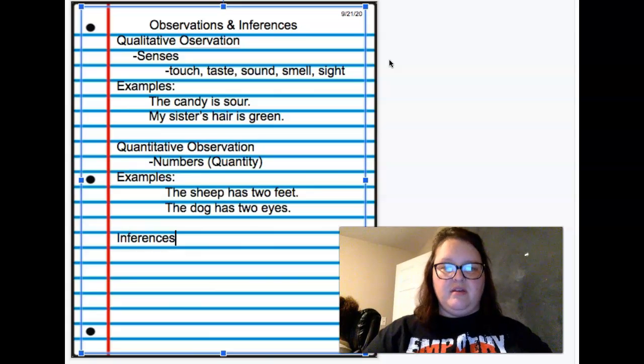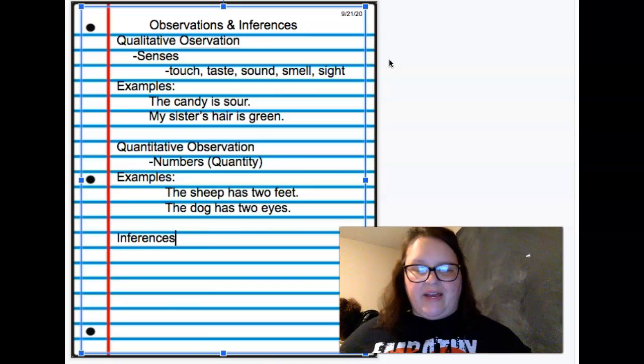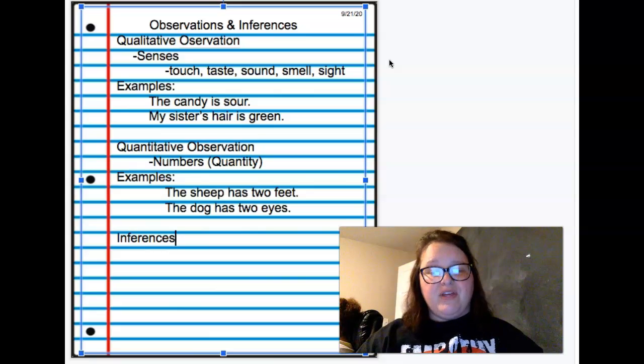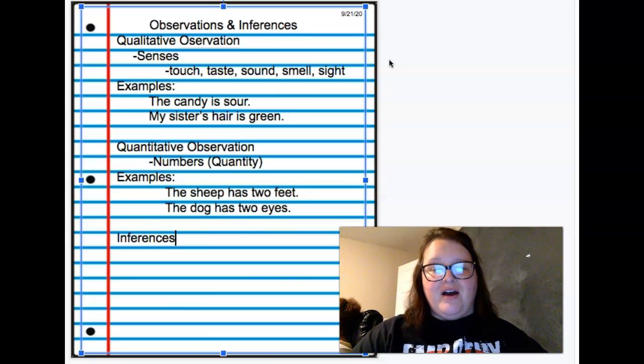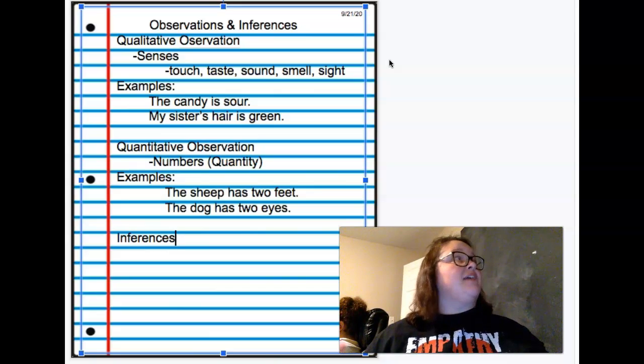I'm going to move right on down to inferences. And an inference is not exactly like an observation, but it has everything to do with our senses and what we see and what we know and what we think. So let's break that down.